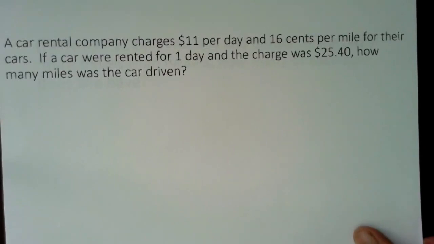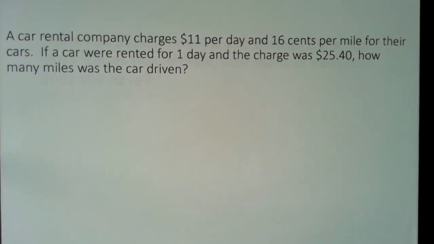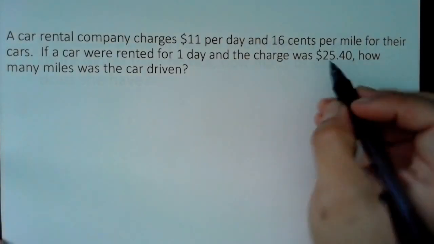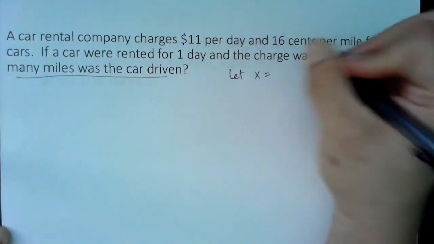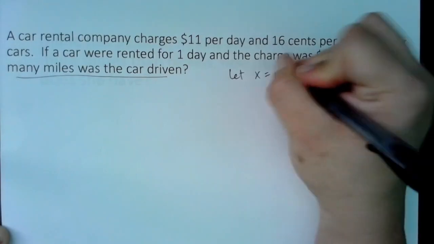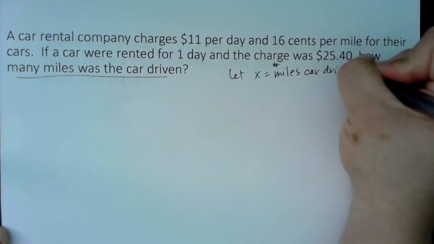Okay, here we go. A car rental company charges $11 per day and 16 cents per mile for their cars. If the car was rented for 1 day and the charge was $25.40, how many miles was the car driven? Since it's asking for miles, let's let x be the number of miles the car was driven.